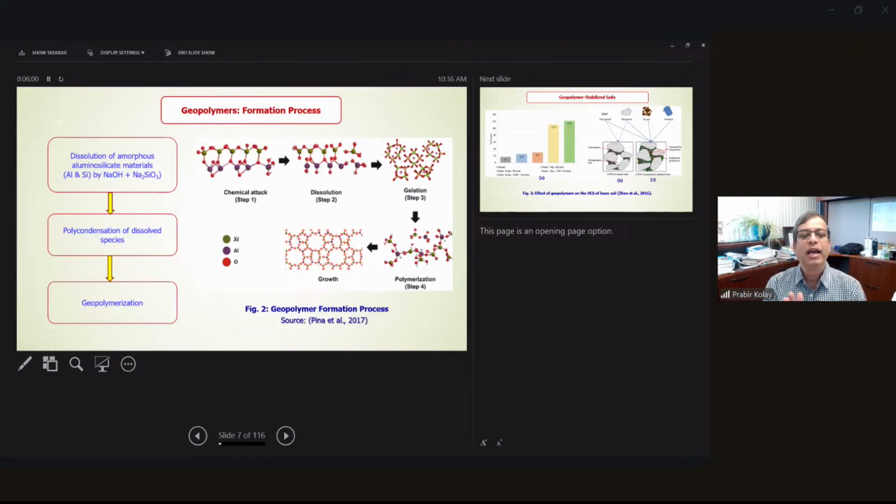So silica and alumina is dissolved by this sodium hydroxide and sodium silicate. And then the reaction takes place, and then the polycondensation of the dissolved species takes place, and then the geopolymer forms. So over here you see step one, chemical attack, then dissolution takes place, gelation takes place, polymerization takes place, and the growth, and then basically the geopolymer is formed.